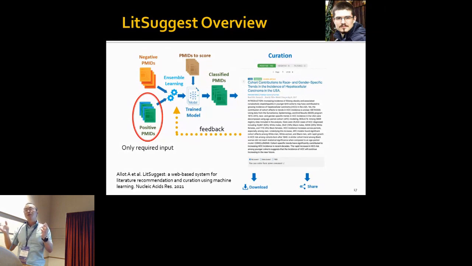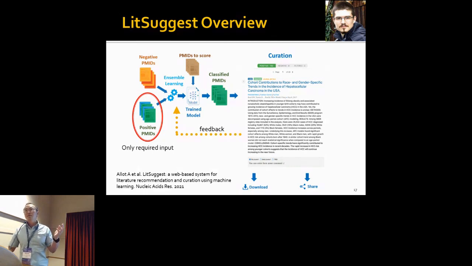Those are the only input that the system, LitSuggest, would take. Of course, if you have articles you have already read and decided to reject as non-relevant, they can be used as negative examples. But negative examples are not required. We only need examples of papers that you are interested in, and then we can put them together using machine learning.